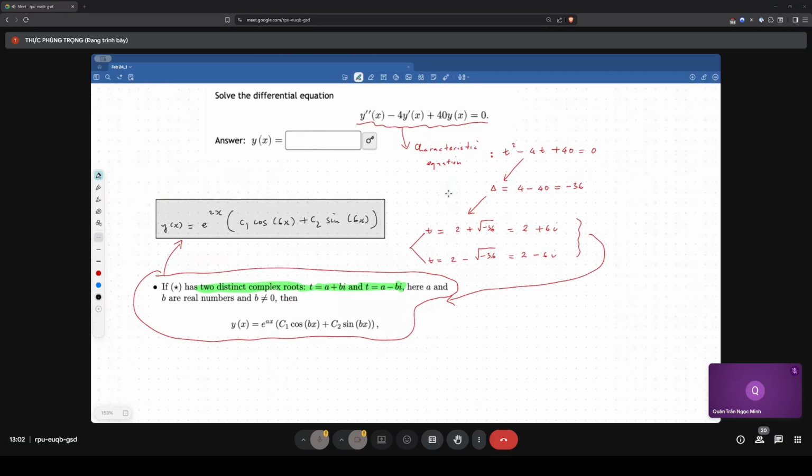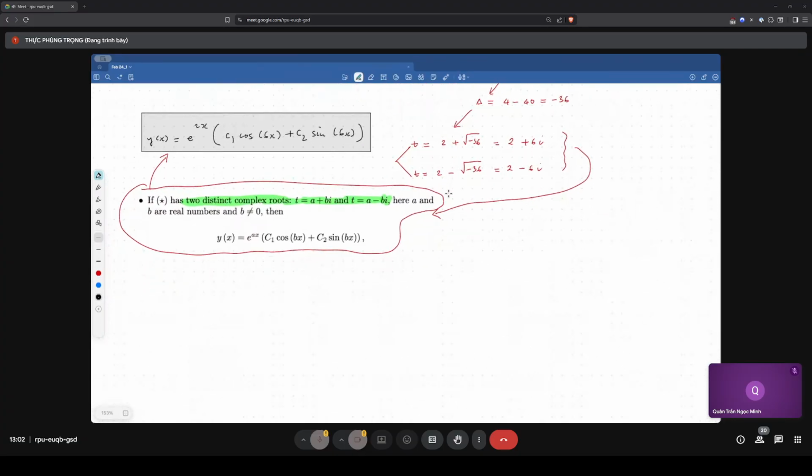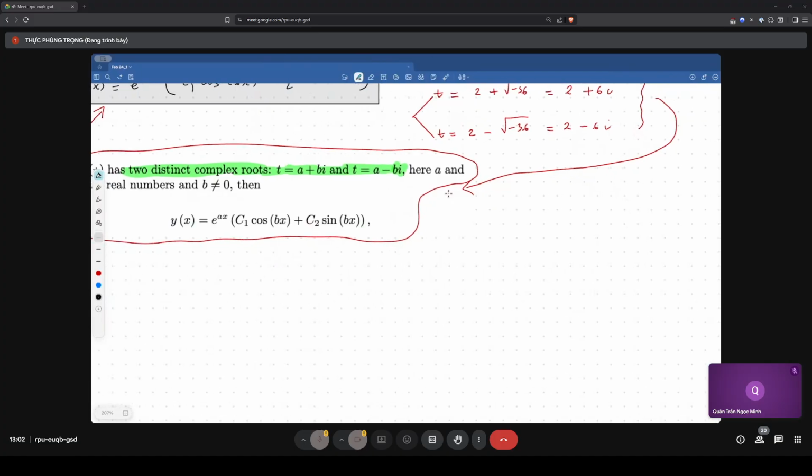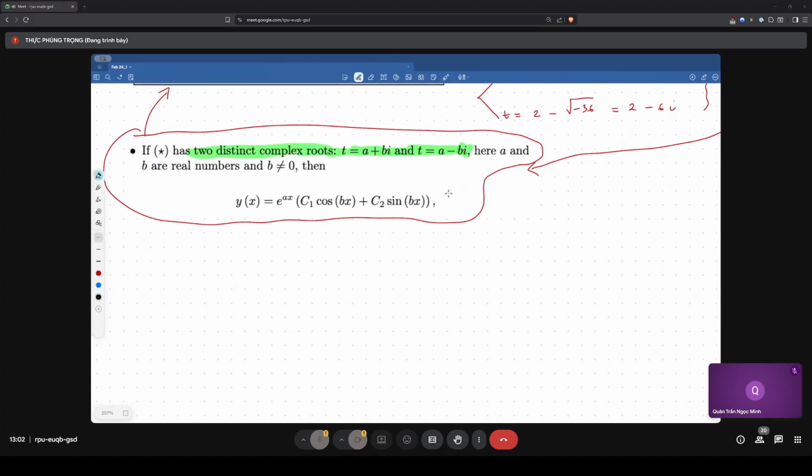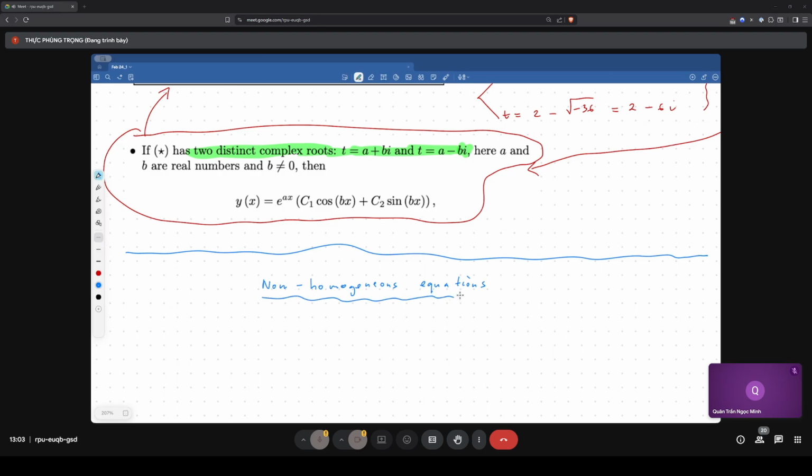Now let's continue. So we go to non-homogeneous equations. So we have y double prime plus a y prime plus b y equals f.